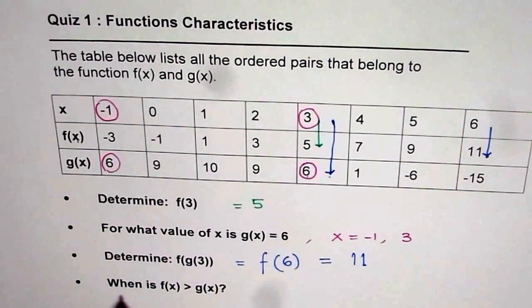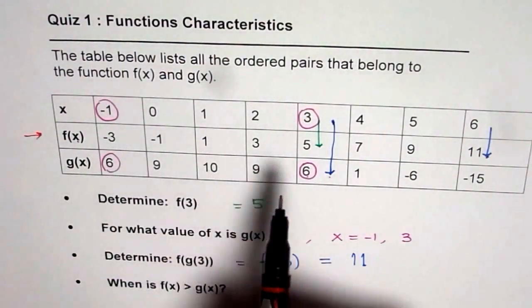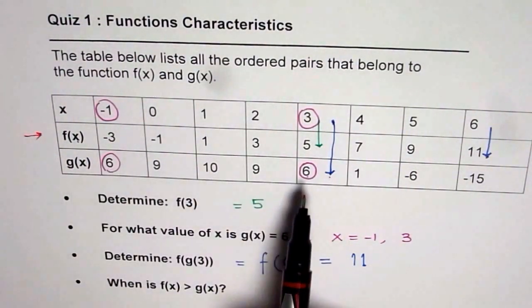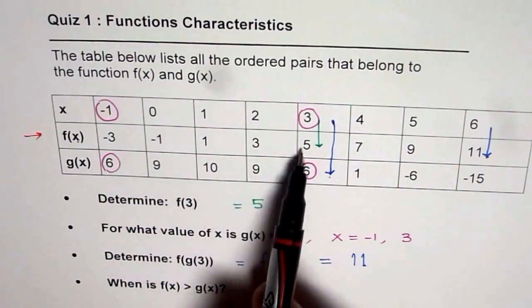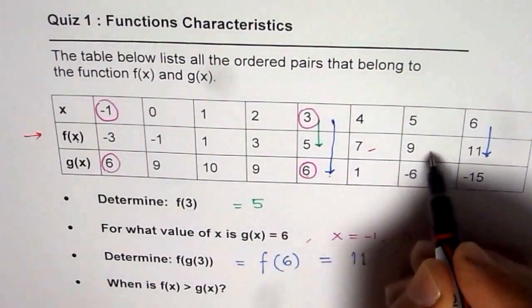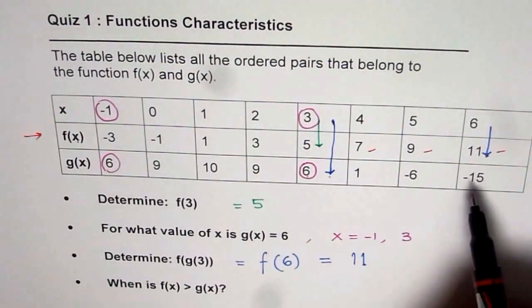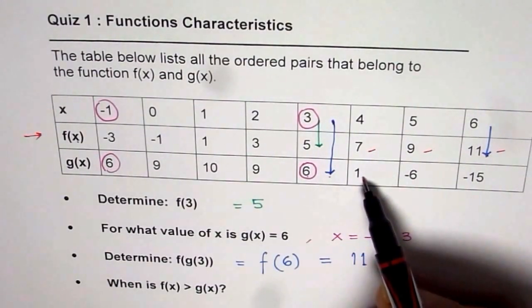Now we have, when is f of x greater than g of x? So we need to find the values wherever f of x is greater than g of x. Now these are less, f of x is lesser, f of x is lesser. But here onwards, you can see the value of f of x is more than that of g of x.